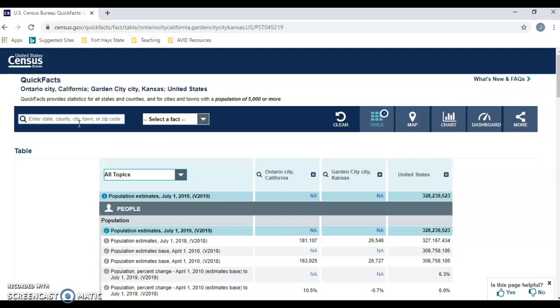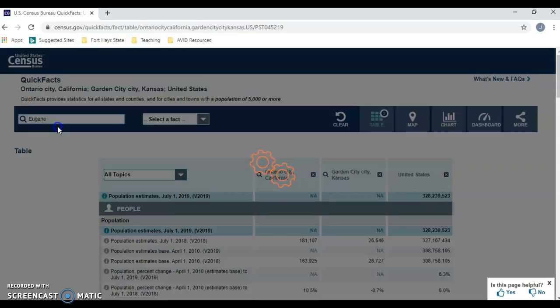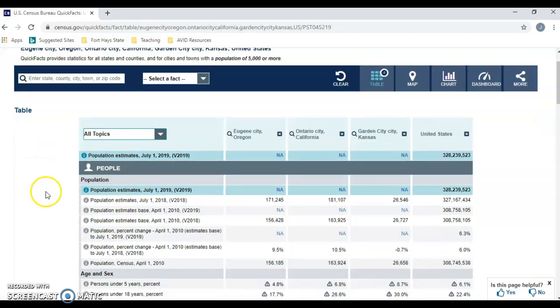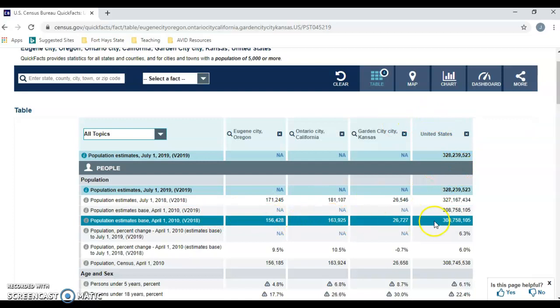So I'm going to look up a city that I love the most, which is Eugene, Oregon. And now I can compare Eugene, Oregon to Ontario, California, to Garden City, Kansas, to the United States, all the way across the table.